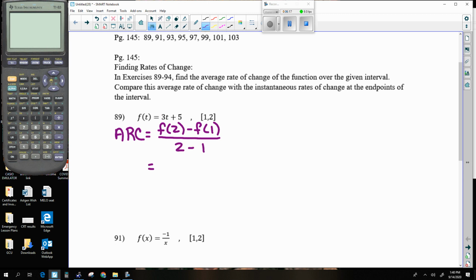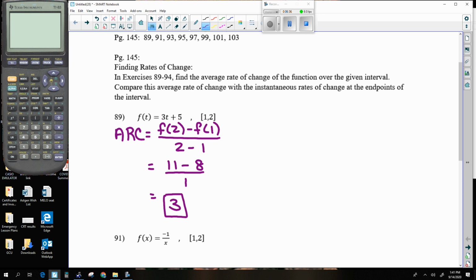So 11 minus 8 all over 2 minus 1, which is 1, and so this is going to be 3. That's the average rate of change.